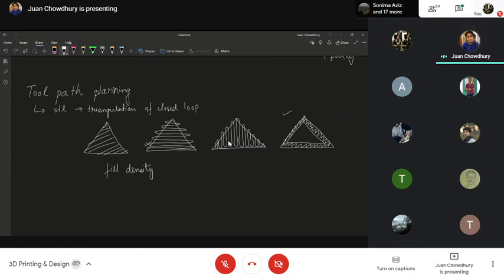Okay, so in 3D printing, we have come across this hindrance where 100% fill density is impossible, and hence we would like to explore some process where we would like to incorporate certain elements or reform in how 3D printing is carried out so that we can achieve 100% fill density.